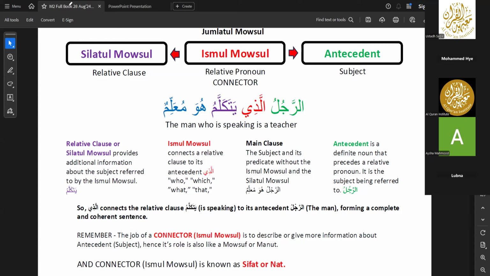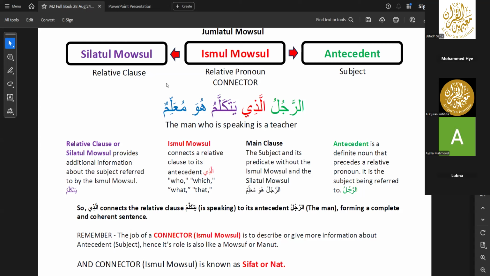I think that's the question. Ustad Aisha probably said the answer is yes to the question, is allazi yatakallamu huwa muallimun the silatul mawsul? So Ustad Aisha said yes to that, correct? No, how can the whole sentence be silatul mawsul? Silatul mawsul starts from yatakallamu.